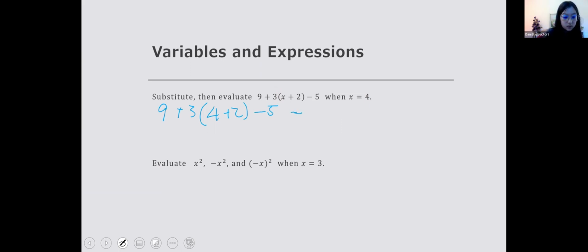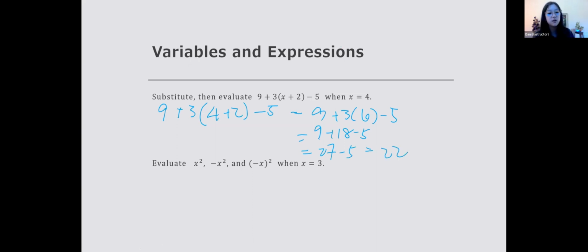This will be equal to, do the parentheses first, 9 plus 3 times 6 minus 5, which would be equal to 9 plus 18 minus 5. And we'll be just doing this from left to right, which will be 27 minus 5, which will be 22. So for this problem, we're just substituting the x with 4.